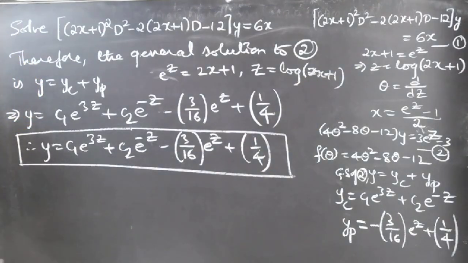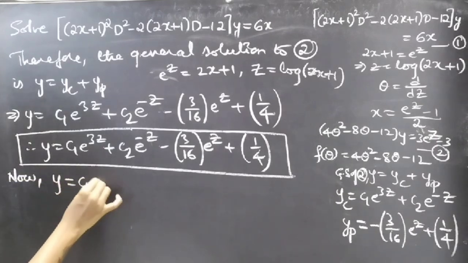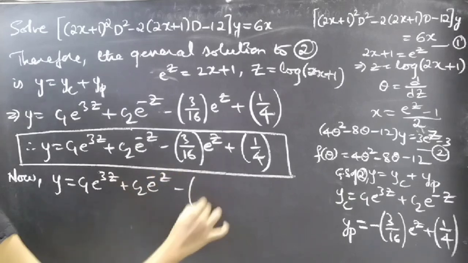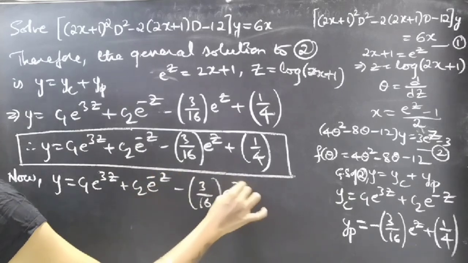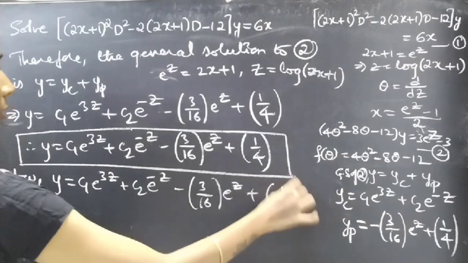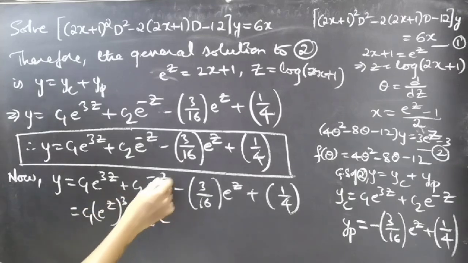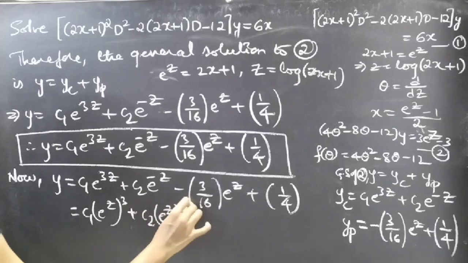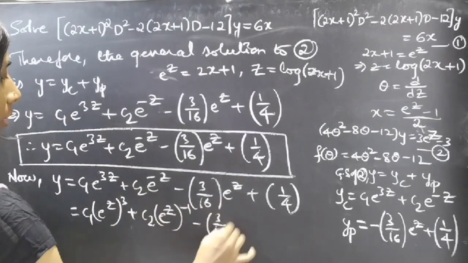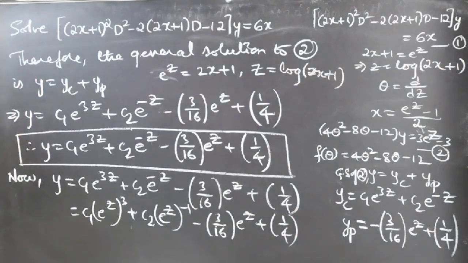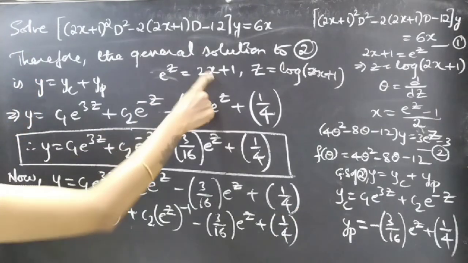Now we have y equal to c1 e power 3z plus c2 e power minus z minus 3 by 16 e power z plus 1 by 4, right? We can write e power 3z as e power z whole cube, plus c2 into e power minus z can be written as e power z power minus 1, minus 3 by 16 into e power z plus 1 by 4. Right? Now just replace e power z by 2x plus 1.